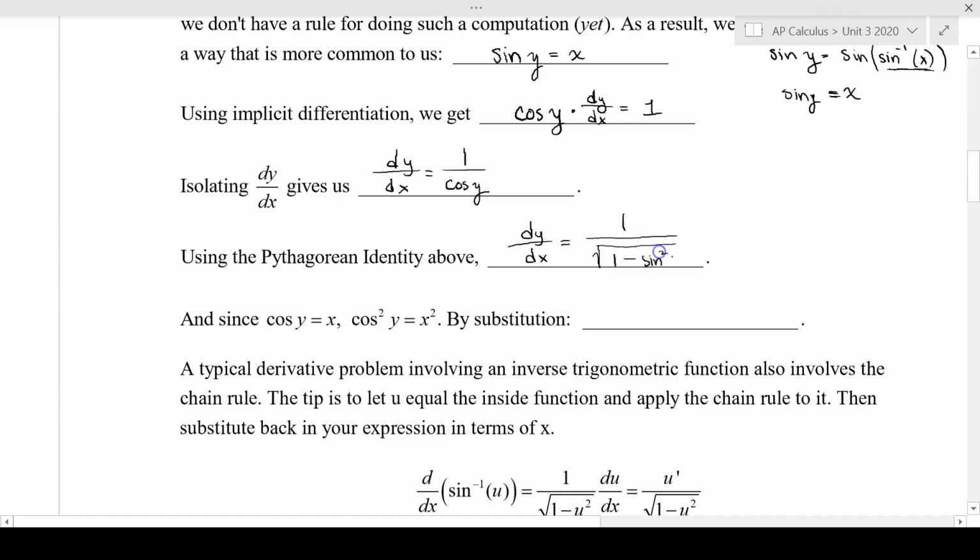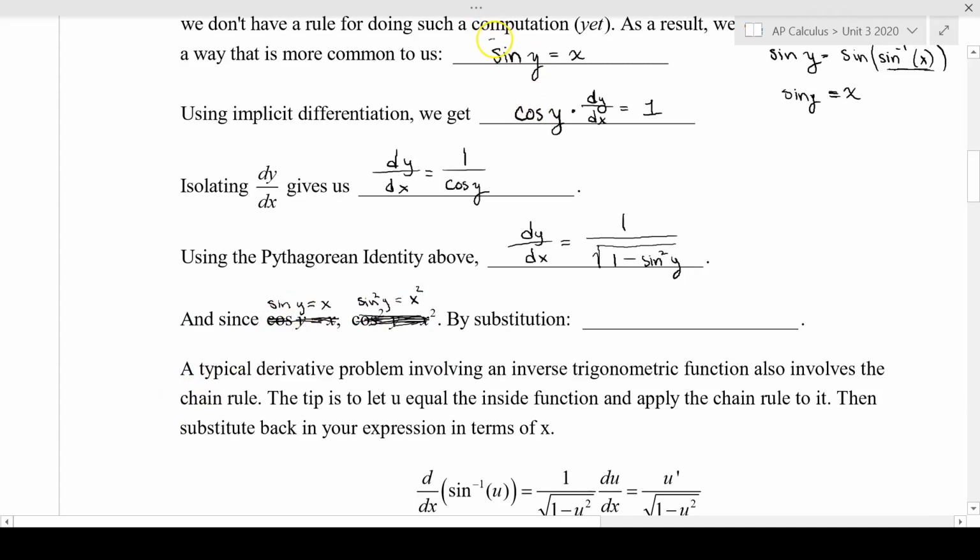sine squared y. Now, there was a typo in my notes, and I made a note to change it, and then I never changed it. So I want this to say sine y equals x, and therefore sine squared y equals x squared. Sorry about that. So where did we get sine y equals x?